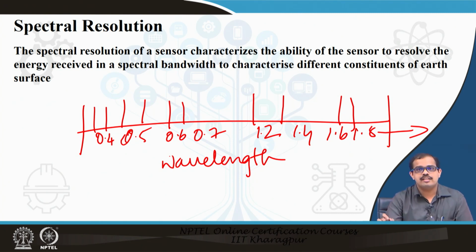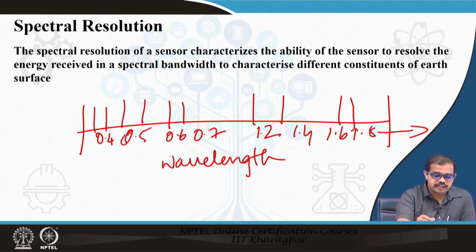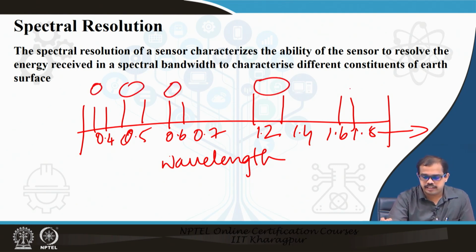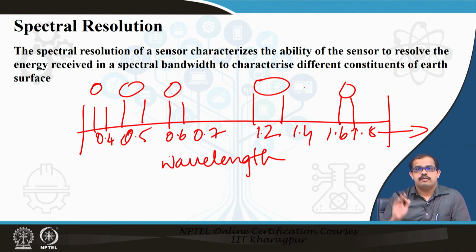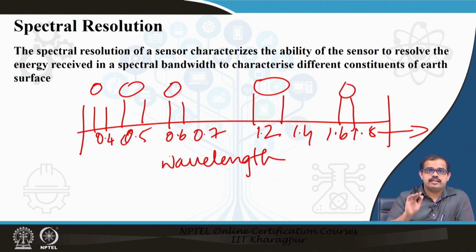This is the spectral resolution of that particular satellite, which means it has bands 1, 2, 3, 4, 5, which means that the satellite has sensors which can capture in these different bands. So this is nothing but spectral resolution.